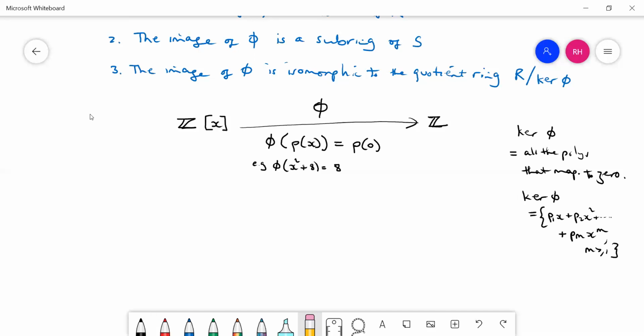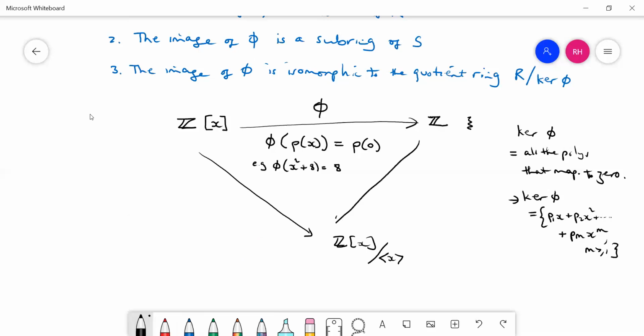Okay, so then what is it saying? The image of phi is Z. So this is what the isomorphism theorem says: that Z[x] quotiented out by the kernel of phi, which we talked about there, so that's just (x), is isomorphic to Z. So what this is saying is that there's this isomorphism here.